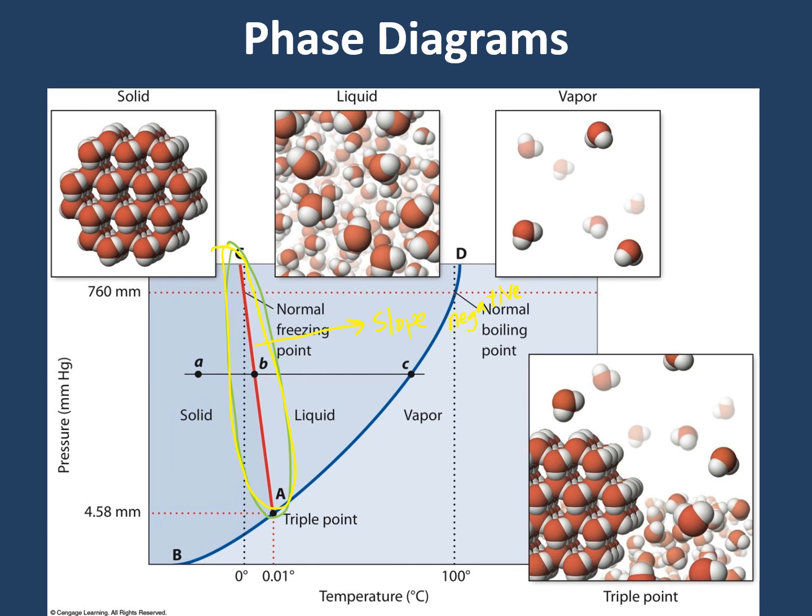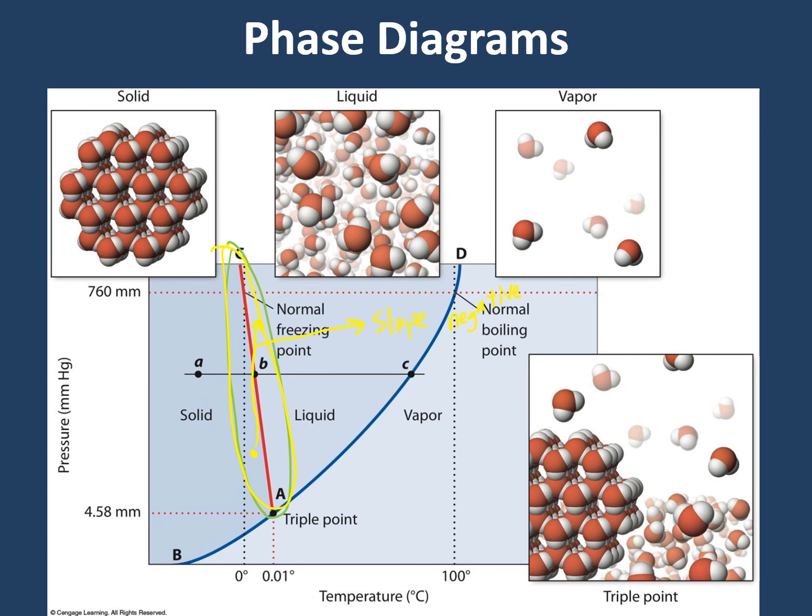Phase diagrams that have a negatively sloped liquid solid line are always going to have a less dense solid state than the liquid state. And the primary reason for this is because as we increase pressure, our substance will always become more compacted and therefore more dense. And if, let's say, we're at this point in our phase diagram and we start to increase pressure, at some point our substance will go from the solid state to the liquid state.